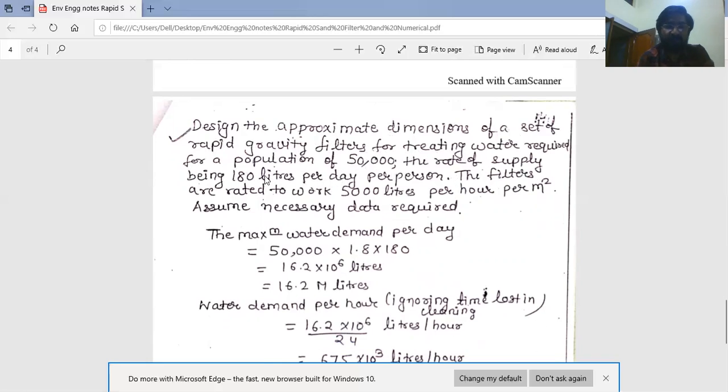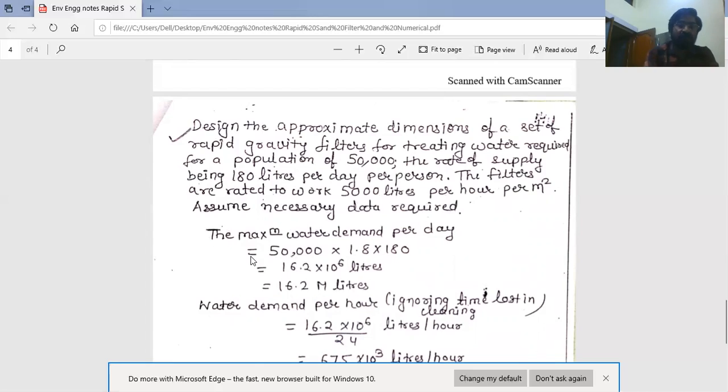Two rapid gravity filters are used. The rate of supply being 180 liter per day per person. The filters are rated for filtration capacity to work at 5,000 liters per hour per meter square. Assume necessary data required. Solution.